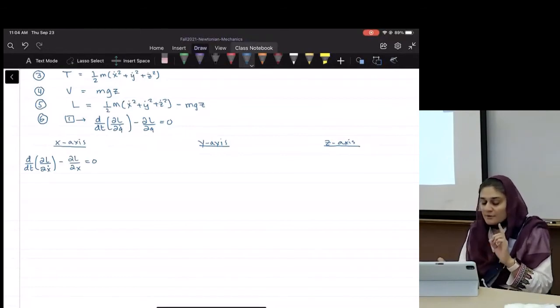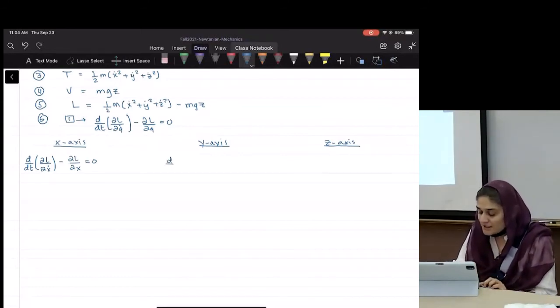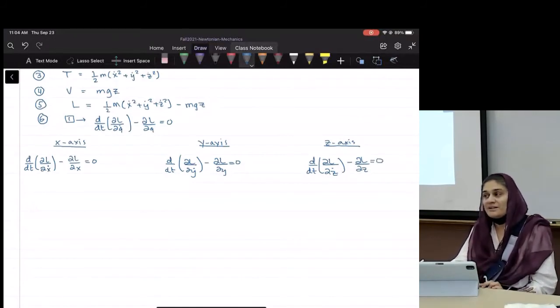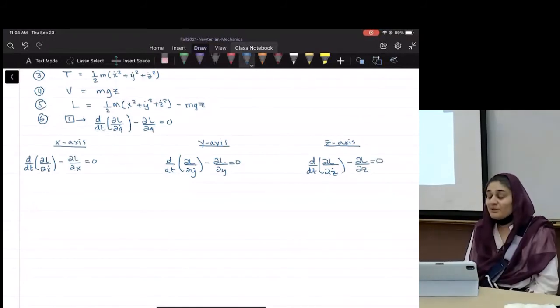I'm rewriting them over and over again just to make sure I don't mess up. And I have messed up a lot while doing these kinds of problems, especially when you do them for the first time. But I will tell you, if you follow this recipe, the likelihood of messing up goes exponentially down. I didn't say it goes to 0 because we can always mess up, but it goes down.